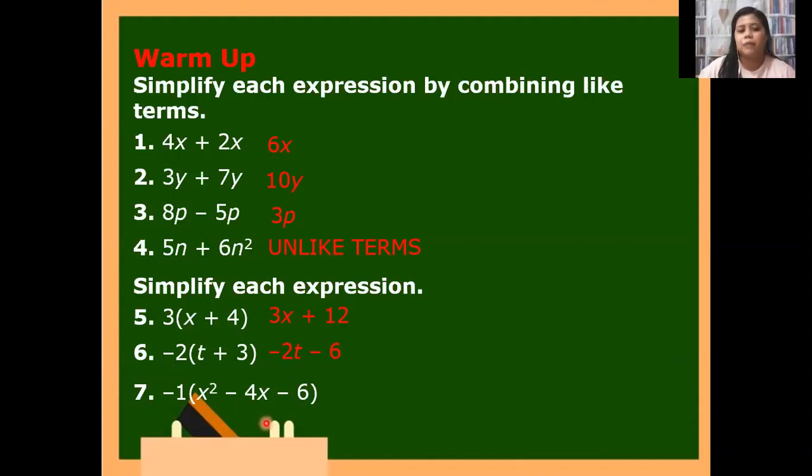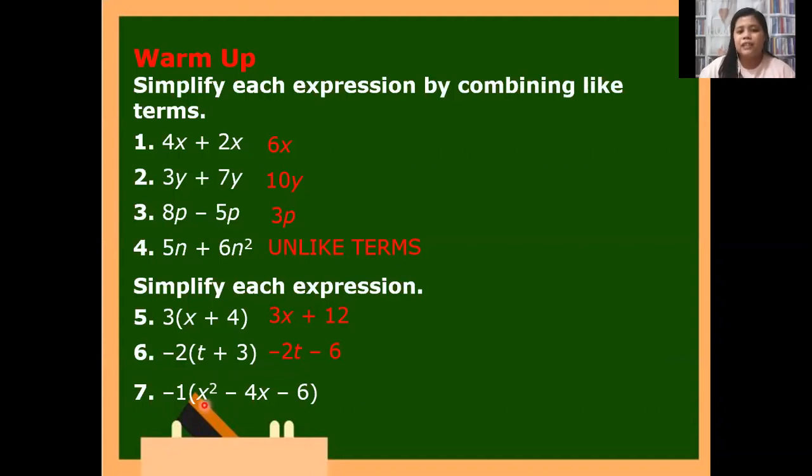Now we can proceed to our last example for our warm-up, which is negative 1 times x squared minus 4x minus 6. All we have to do is to apply the distributive law. Let's solve it. Negative 1 times x squared, again, when we are multiplying different signs, the answer will be negative.